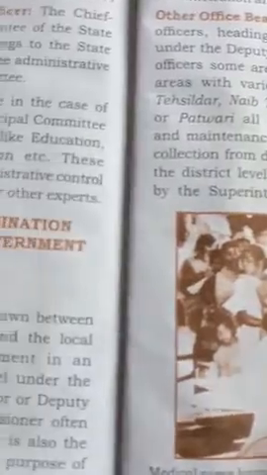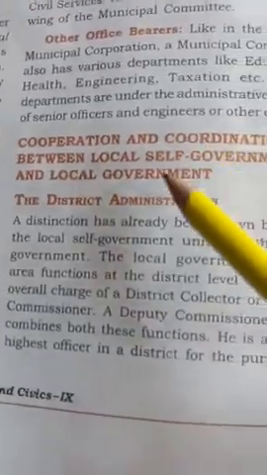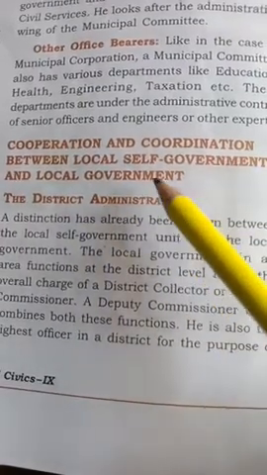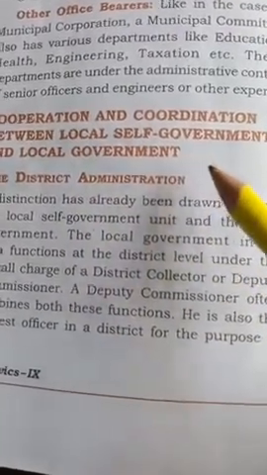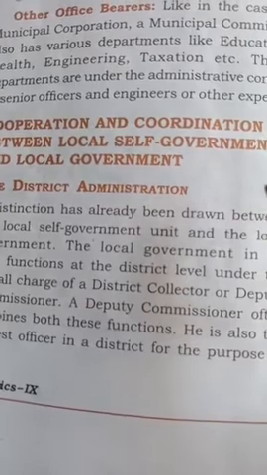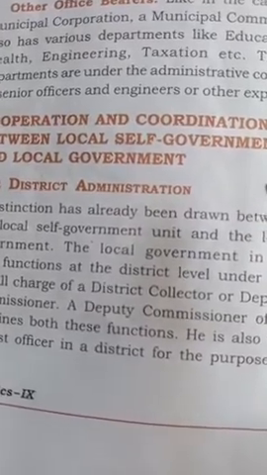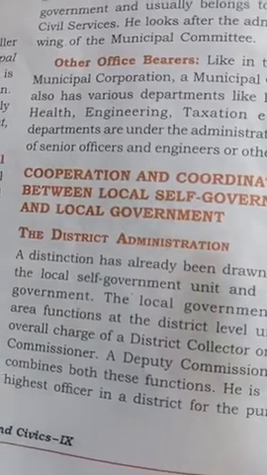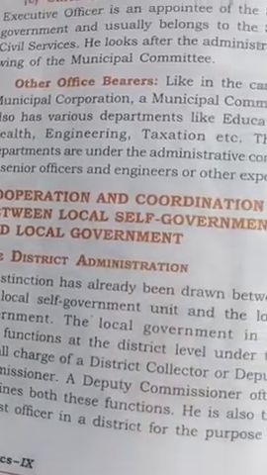Together they cooperate and coordinate and work between the local self-government and local government. The chief executive officer of the district is the deputy commissioner. Under his supervision, the work can be done.